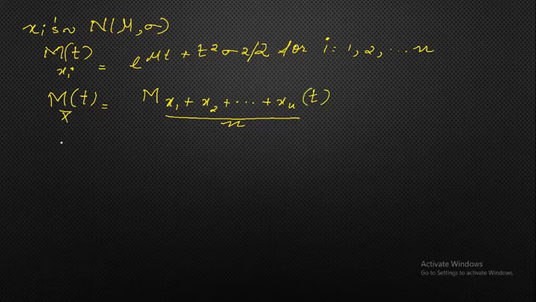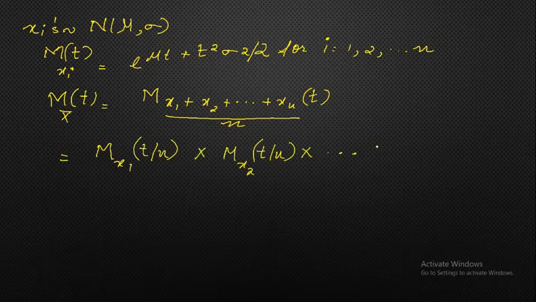You can write this as M x1 at t by n, times etc., times M xn at t by n.